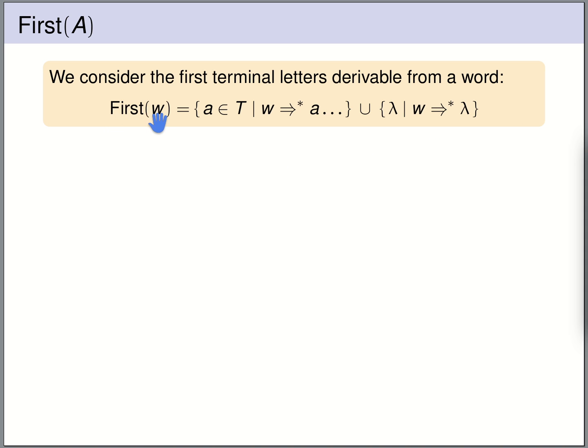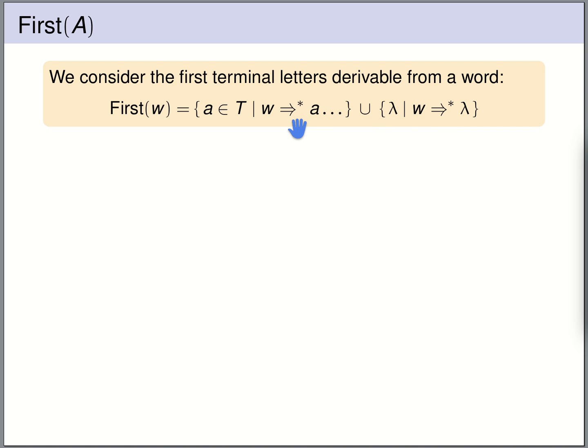First of a word W is the set of all terminal letters that can appear as first letter of a word derived from W. So we start with W, we take all the words that can be derived from W, and we pick all the first terminal letters of these words. Additionally, we say that lambda is in the first set of W if lambda can be derived from W.